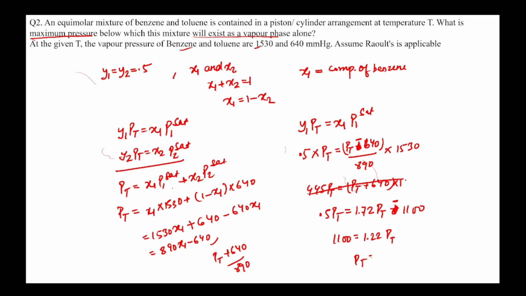PT is equal to divided by 1.22, around 901.8 mmHg. Okay. So it is a straightforward question, just a calculation mistake and a sign mistake was there. Just read the statement and you can apply the formula. Okay. So going to the next question.